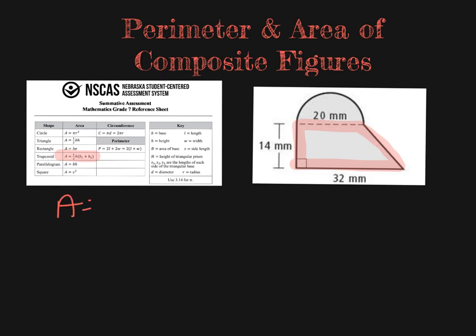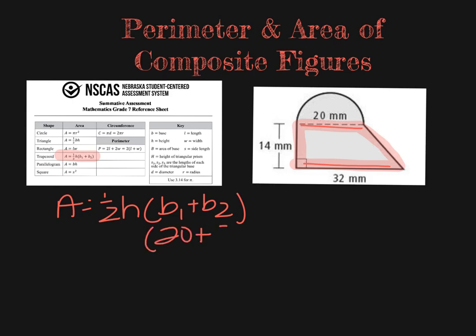Area is equal to 1/2 times my height times the quantity of my two bases added together. The two bases are always the two parallel sides. Doesn't matter which one you write in first. I'm going to do 20 plus 32. The height of my trapezoid is 14.